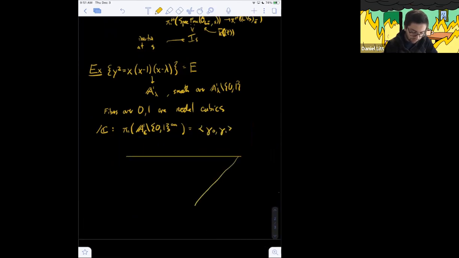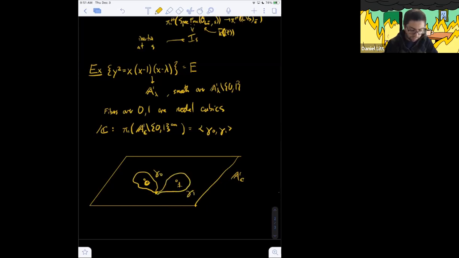Let me draw the picture. So this is A1, the complex plane, and then I'm going to remove 0 and 1. So this is 0 and this is 1. And if you have some base point, it's generated by some loop around 0 and some loop around 1.